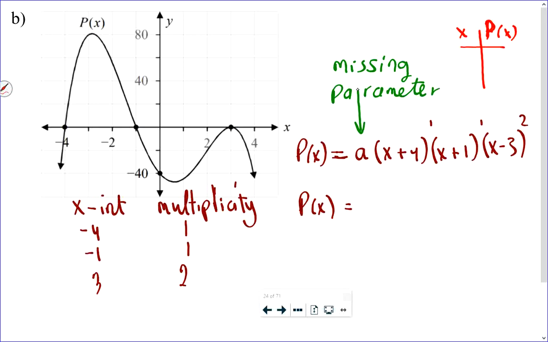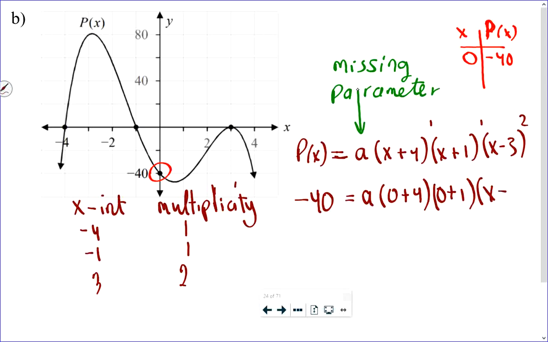And we can use the y-intercept. That point is 0, negative 40. So if we put negative 40 in for p of x, which is the y-coordinate, and 0 in for x, you're going to be able to solve for A. So simplifying this, I have negative 40.